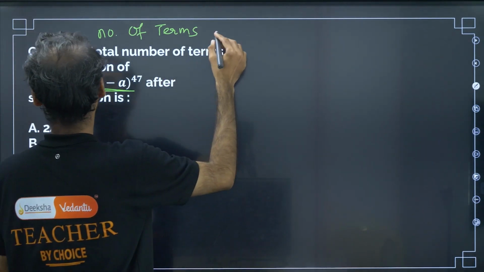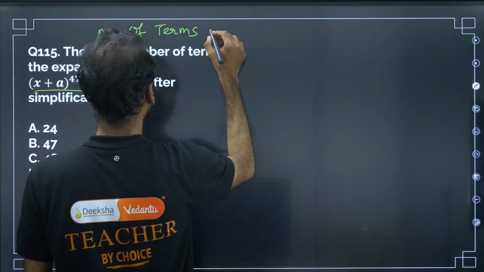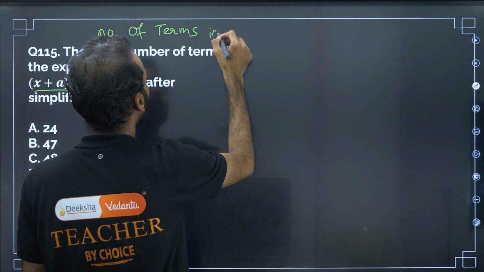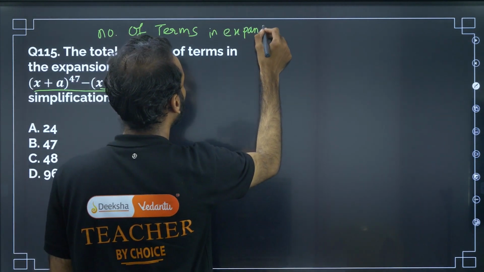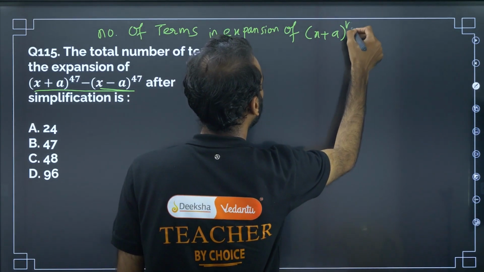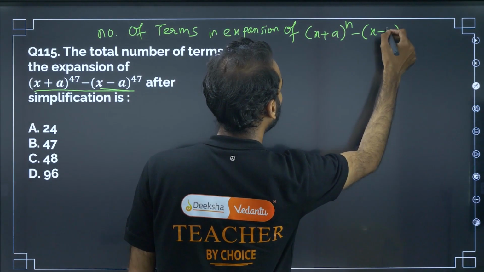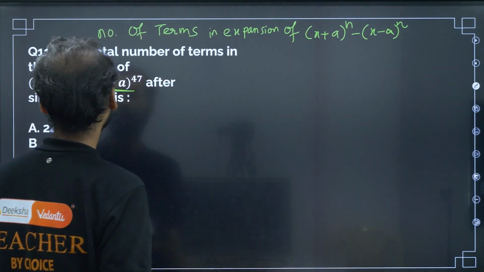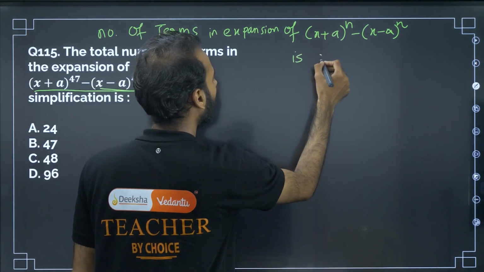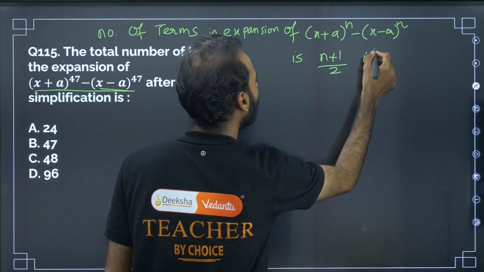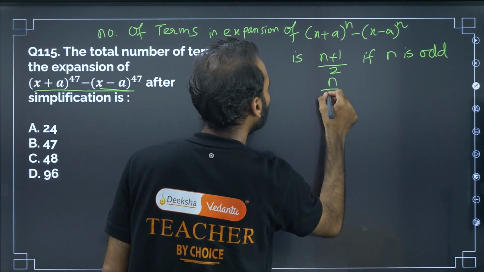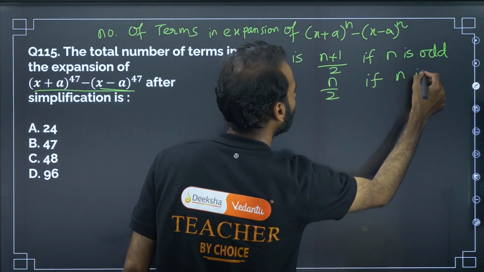Number of terms in the expansion of x plus a power n minus x minus a power n is n plus 1 by 2 if n is odd, n by 2 if n is even.